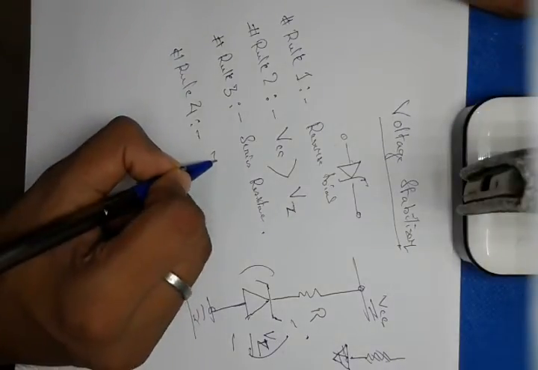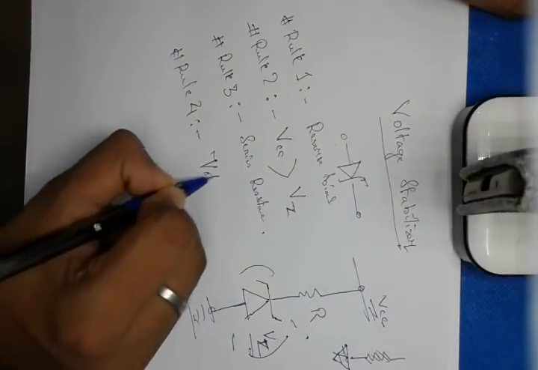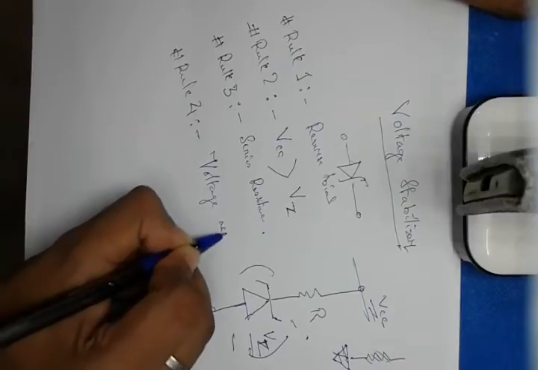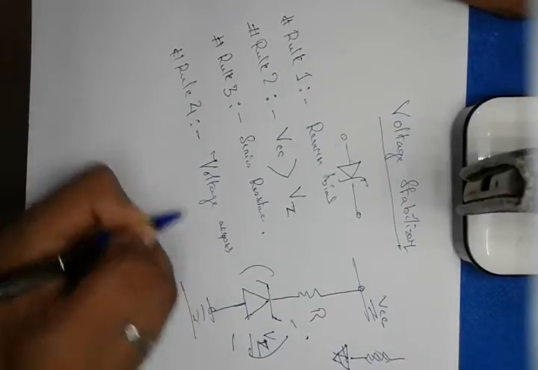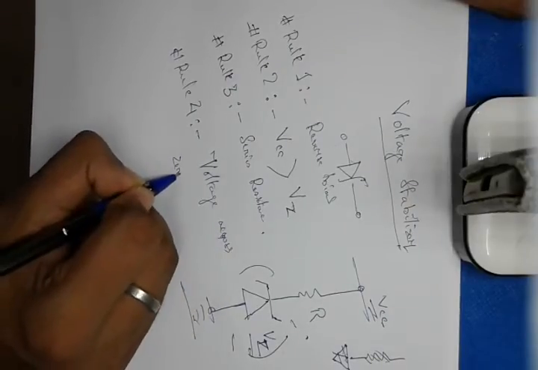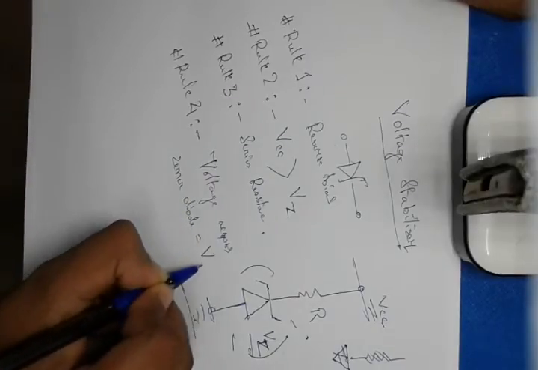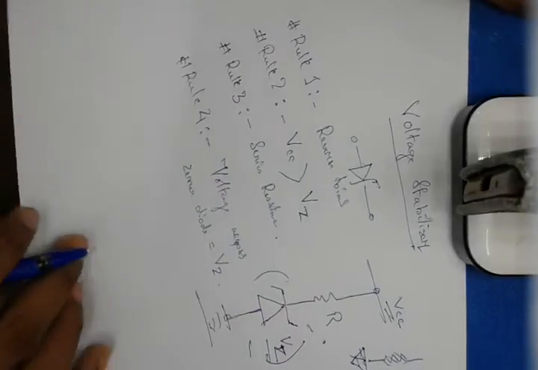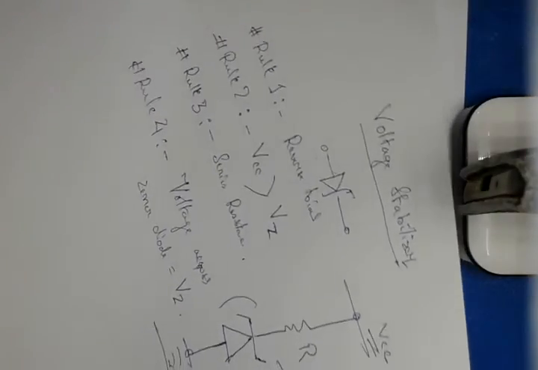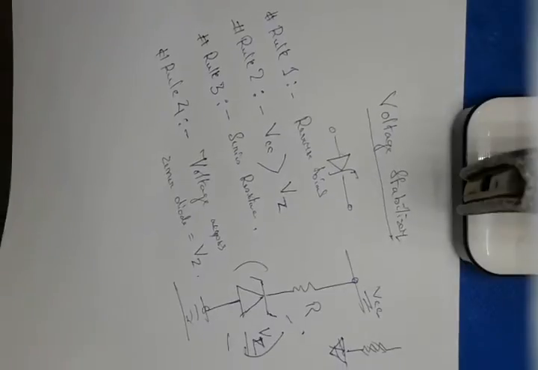So the voltage across the Zener diode will be constant, equal to Vz. With these rules we can now easily build our own stabilizer.